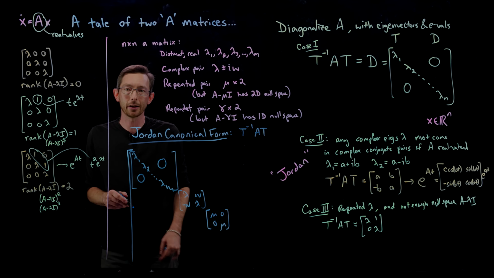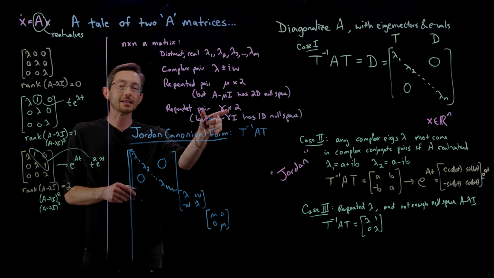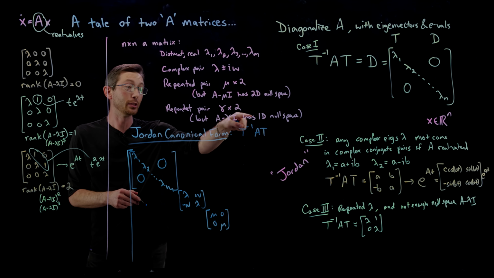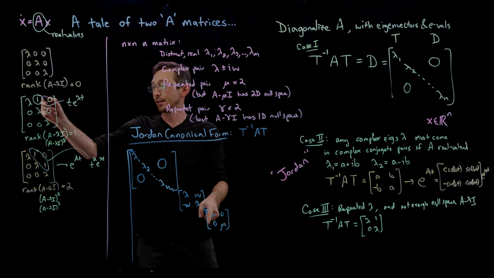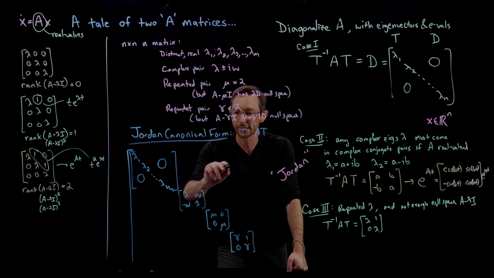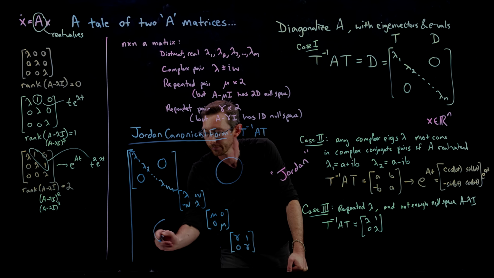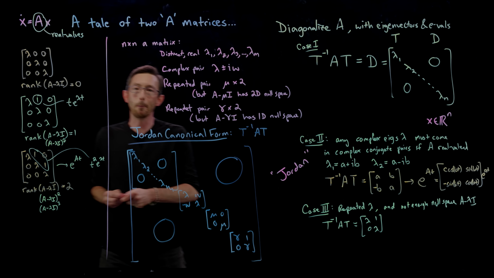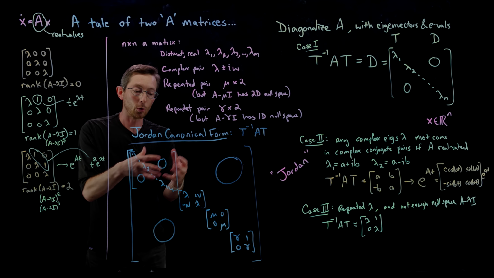It'll actually be diagonal. And then my final block for these eigenvalues, the Jordan block for this, because A minus gamma I only has a one-dimensional null space, it's going to look like this. And that Jordan block is going to be gamma 1, 0, gamma. And everywhere else is going to be zeros. So this is as close to diagonal as possible, but it's block diagonal in terms of these Jordan blocks.